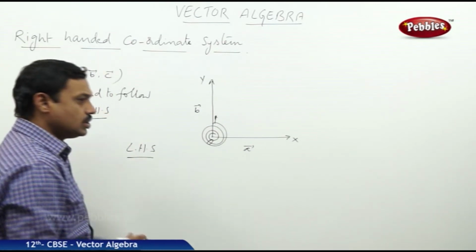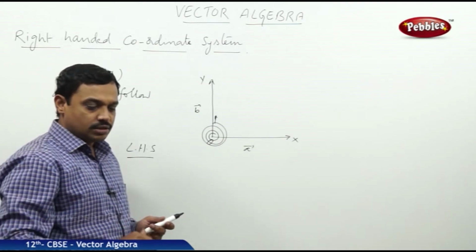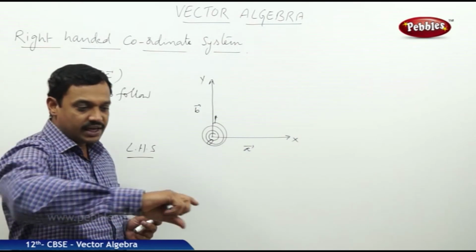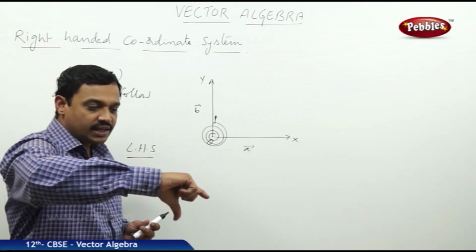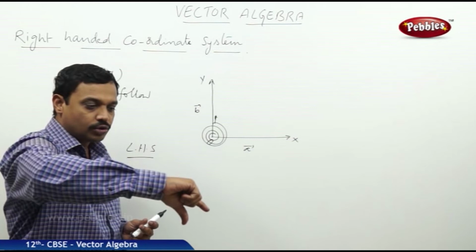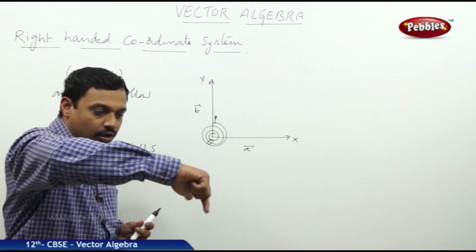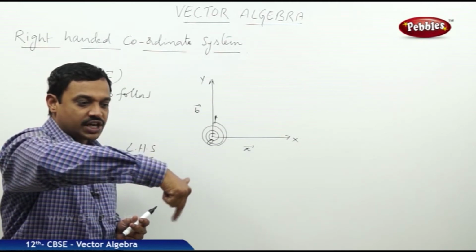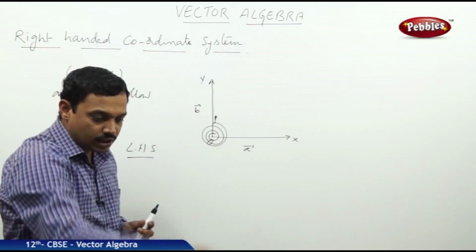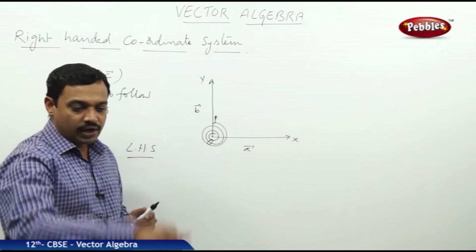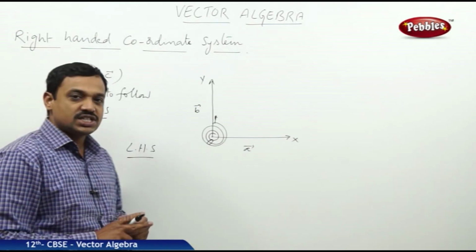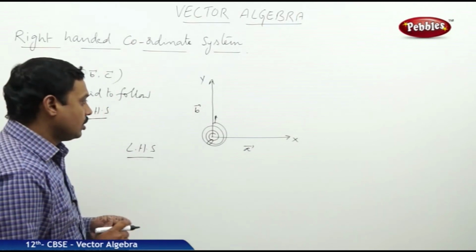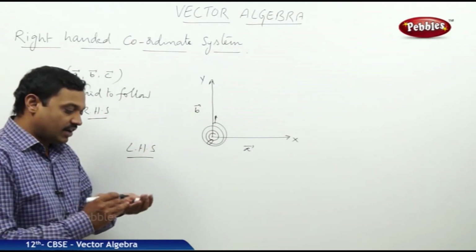The best example is when we try to tighten the cap. To tighten the cap of a bottle, we have to rotate the cap in the clockwise direction, so the cap moves in the downward direction. In such a case all those vectors are in a left-handed system. So: right-handed system, left-handed system.